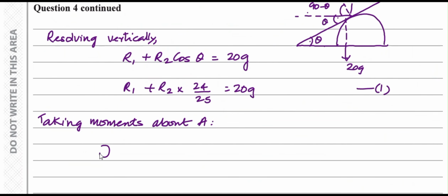So the clockwise moment is going to be 20g times the perpendicular distance 4 cos theta.